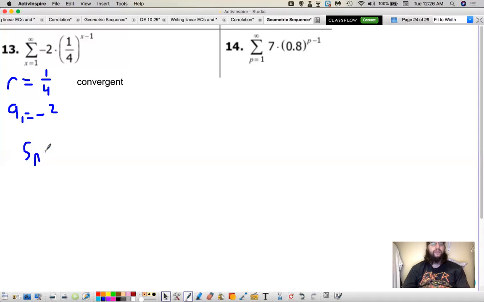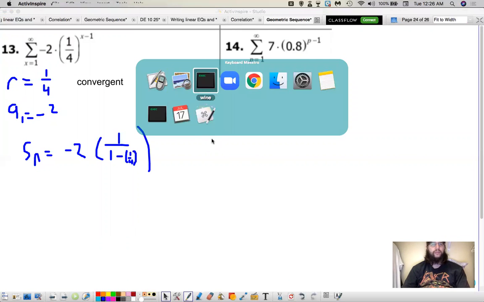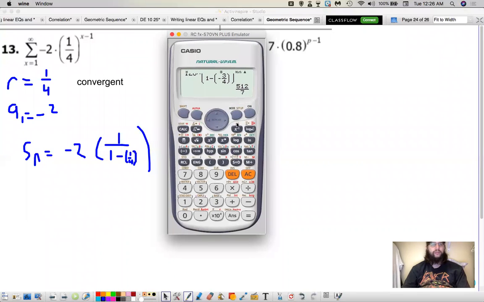So the sum will equal -2 times 1 over 1 minus a fourth. -8/3. Cool.